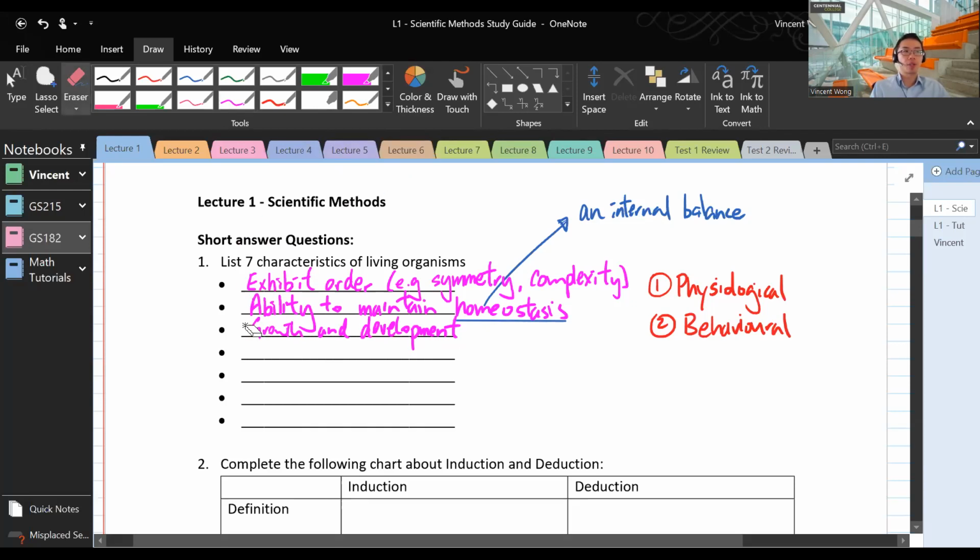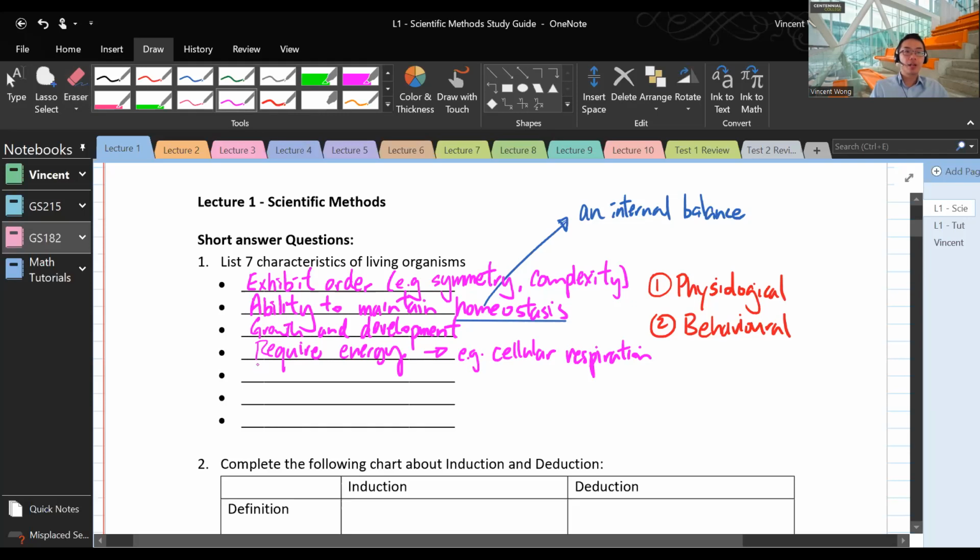It keeps on going. Another one is requirement of energy. We do this through what we call cellular respiration, to produce energy.